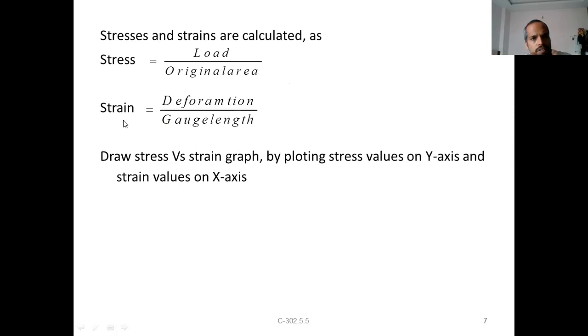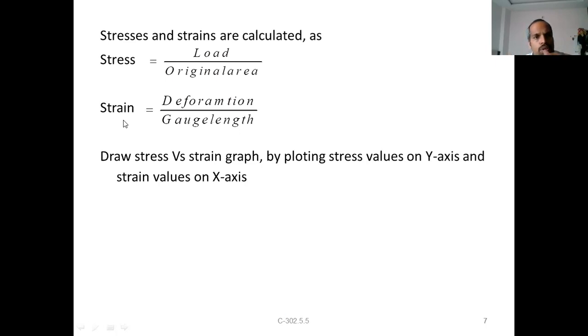When the deformation stops, you take the change in length, which you observe in the extensometers. Then go to the second increment, next third increment, fourth increment, and like that you go on applying the load until it fails, which means the mild steel specimen breaks into two pieces.